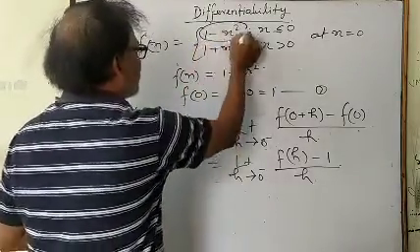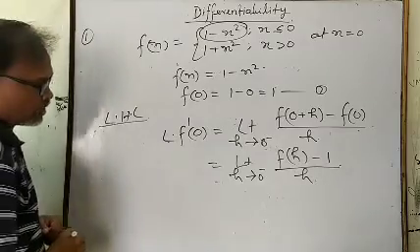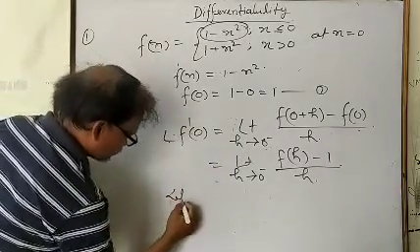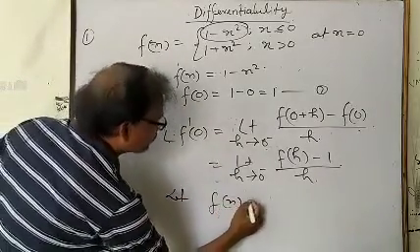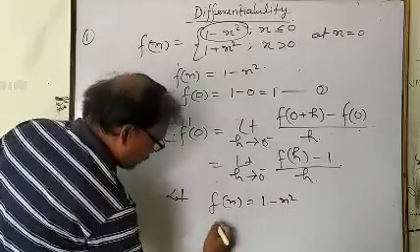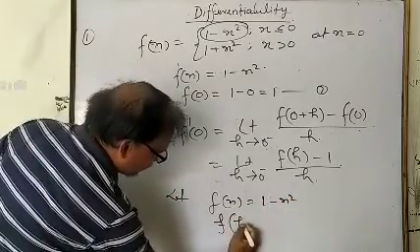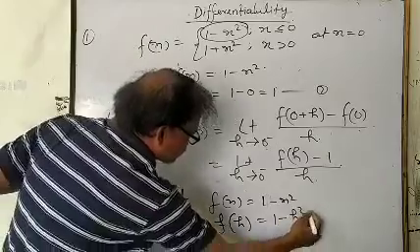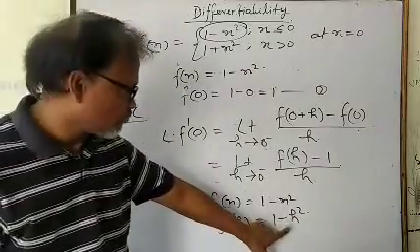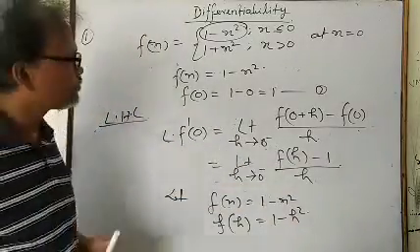you take this function 1 minus x square only. So let f(x) is equal to 1 minus x square. So f(h) is equal to 1 minus h square. Put f(h) is equal to 1 minus h square in this.